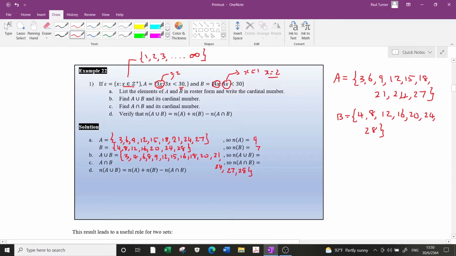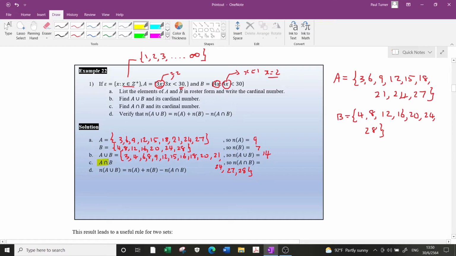Ran out of space. Anyway, how many elements? 1, 2, 3, 4, 5, 6, 7, 8, 9, 10, 11, 12, 13, 14. 14 elements.